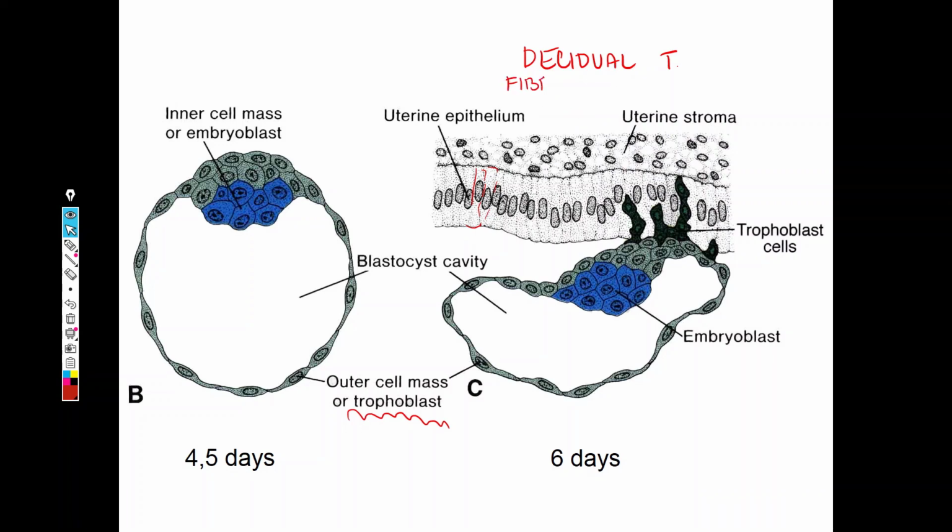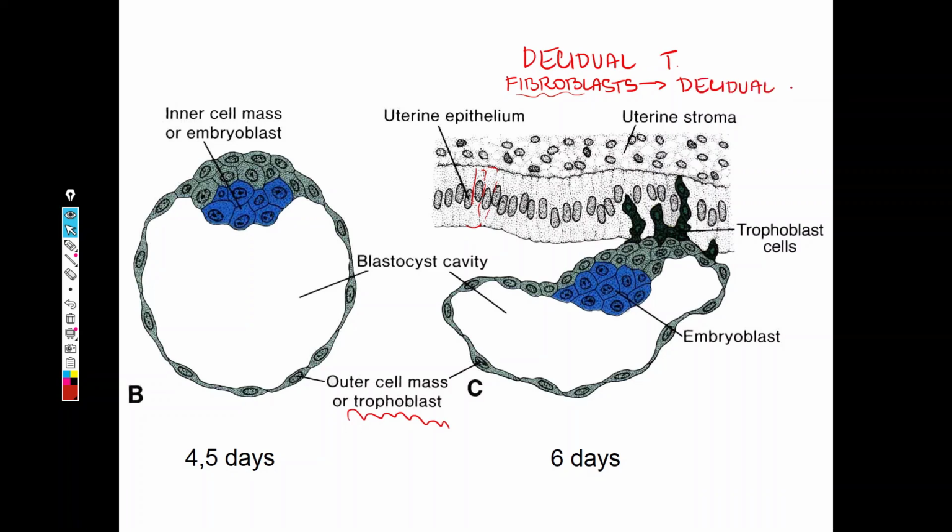Here, fibroblasts, which are normal cells that you already know. Fibroblasts produce collagen and other components in normal loose connective tissue and also in dense connective tissue. So normal cells also in the uterus, and they change into decidual cells.